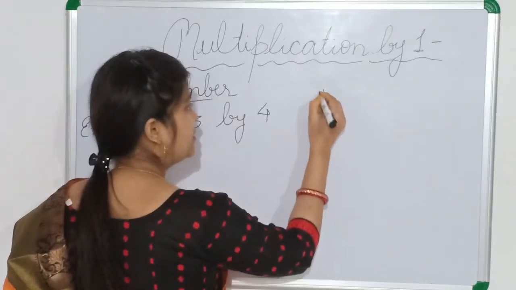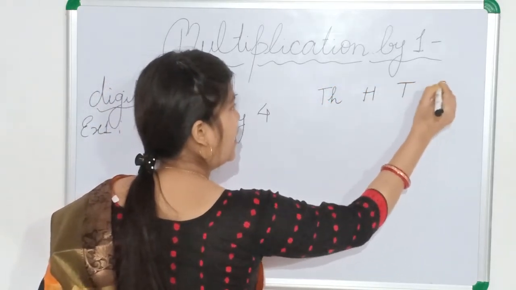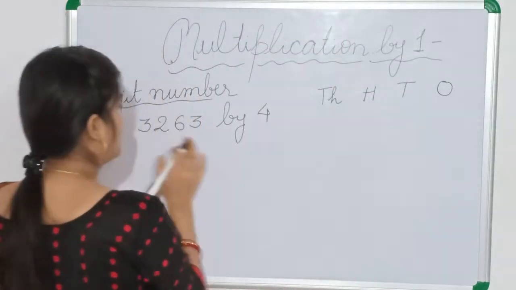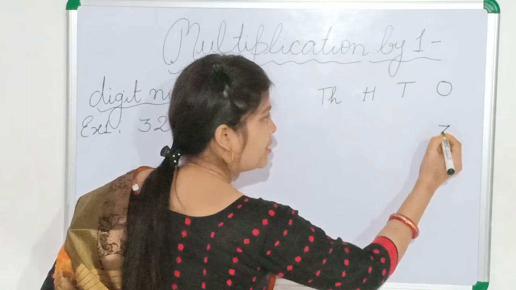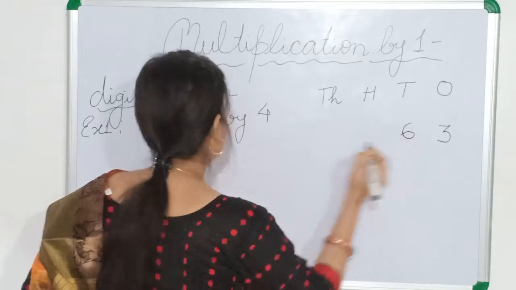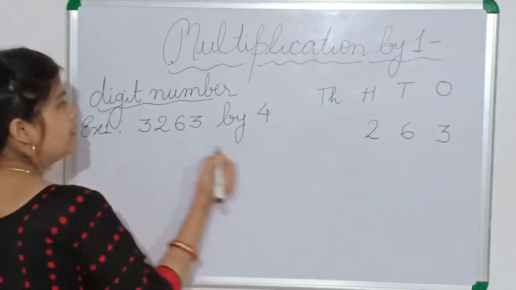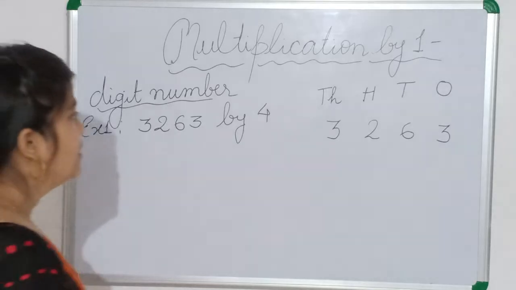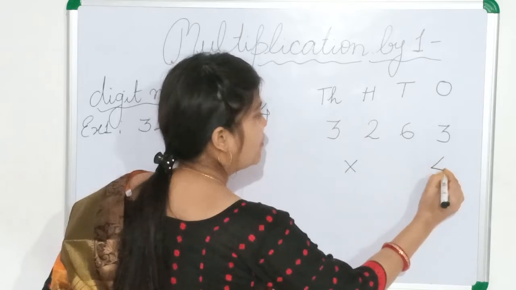First we will write here 1000, 100, tens and ones, and below this we will write these numbers. 3 is in ones place, so I will write 3 below ones place. 6 is in tens place, it is 6 tens. Then 200, and then 3000. Is it clear? Then I will write the multiplier, that will be 4.